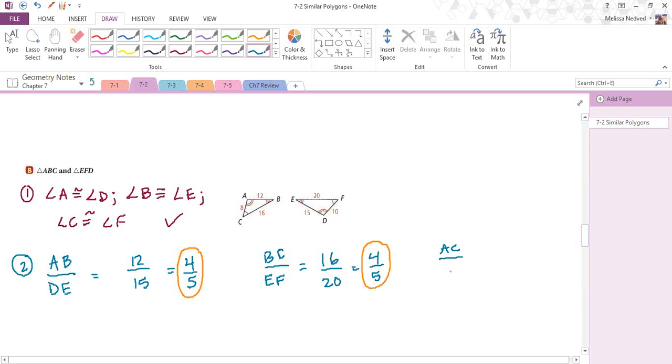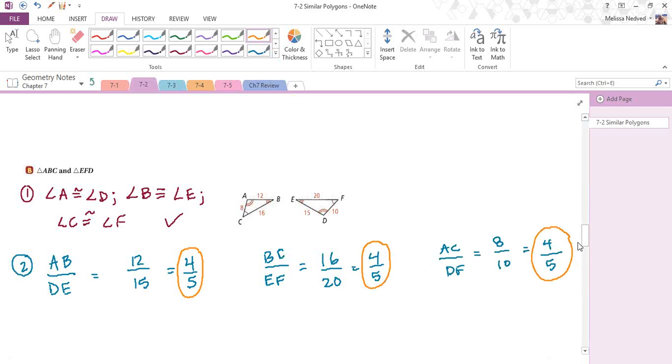So I've got AC over DF. AC is 8 over DF is 10. Divide by 2, not 4. 4 over 5. Notice here, when I reduced each of those ratios, all of the sides have a proportion of 4/5.